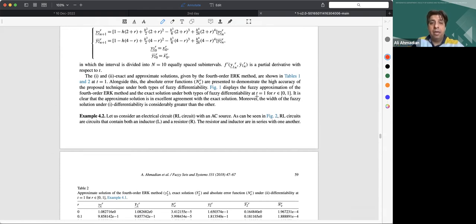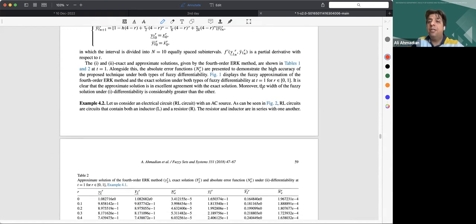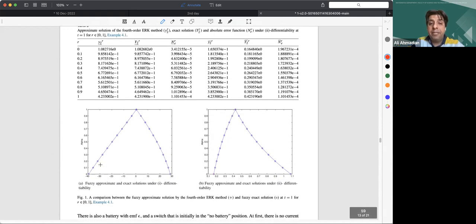So under differentiability at t equal 1, I have the solution of a simple fuzzy differential equation under Hukuhara differentiability at t equal 1 for the left side. You can see that at only t equal 1 we have a wide output, from -40 up to 30, for our triangular fuzzy number solution.